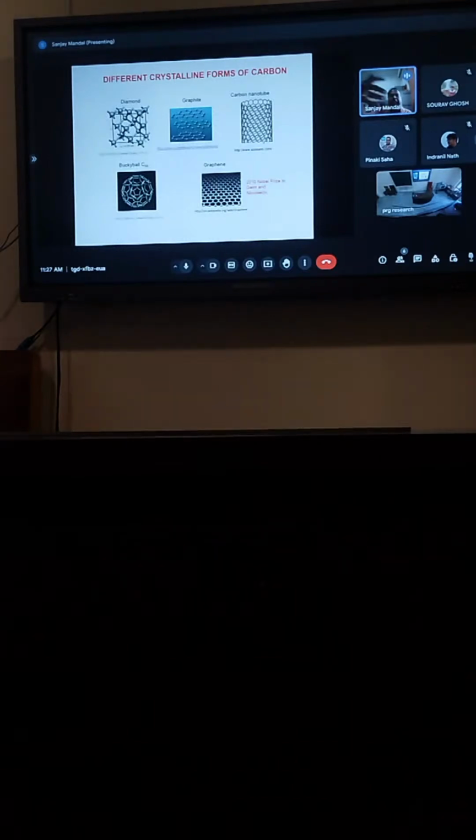Now, if I summarize this, HCP, CCP or FCC, and BCC: you can see that except BCC, both are close packed, and the type of packing is AB, ABC, and efficiency 74%, 74%, 68%, and coordination number 12, 12, and 8. So this is a brief introduction to the solid state.